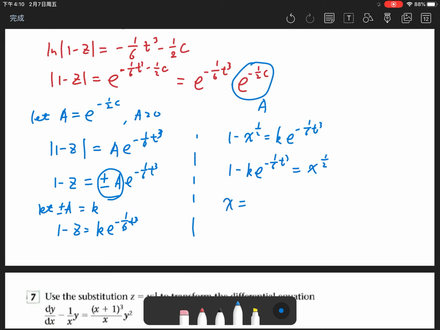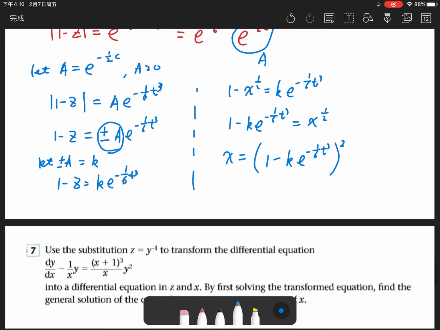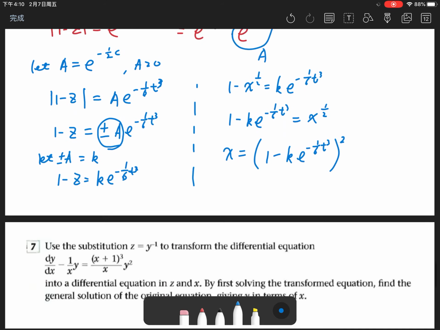And finally, x just equals (1 minus k times e to the power of negative 1 over 6 t to the power of 3) to the power of 2. Okay, so this is question 6.